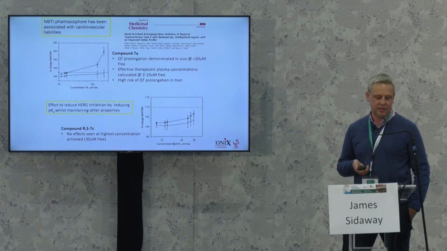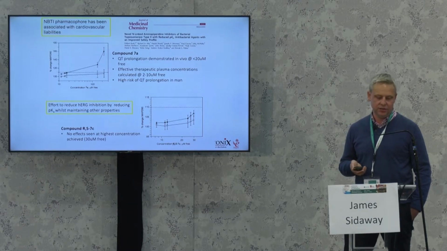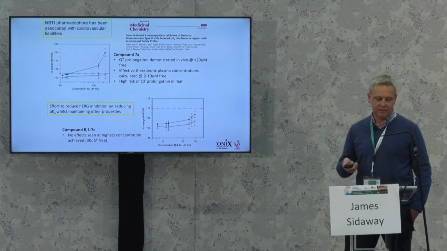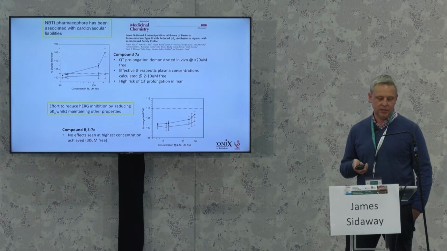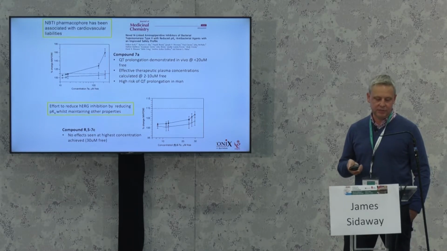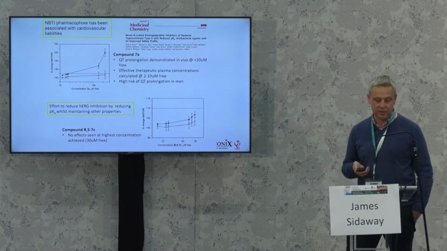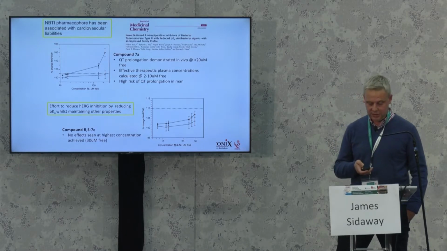And what you're seeing here is data from an animal cardiovascular study looking at heart function. And basically, this is an in vivo marker for hERG inhibition. So by modifying the chemistry, the authors were able to de-risk this toxicity.